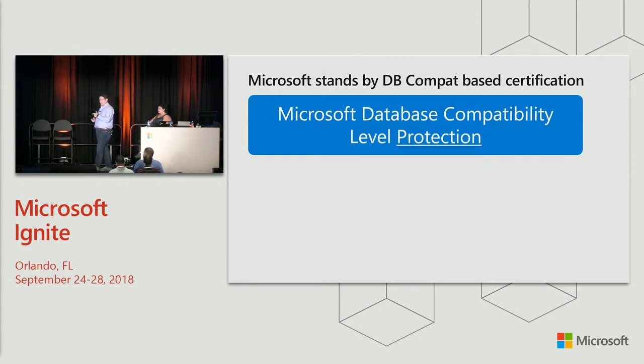So we have, by the way, updated all the public documentation around what I just said with a lot of content. Now, what I mean to say with all this is that we stand by dbcompat-based certification, meaning that we use purposely the term protection, meaning that if you stay within a certain dbcompat level to where you certified originally from, we will protect you against changes to the query plans that usually are the ones that introduce risk and may affect your workload.